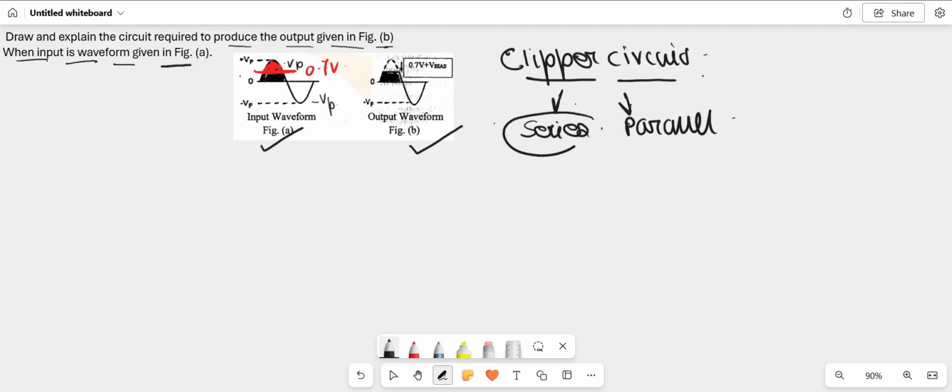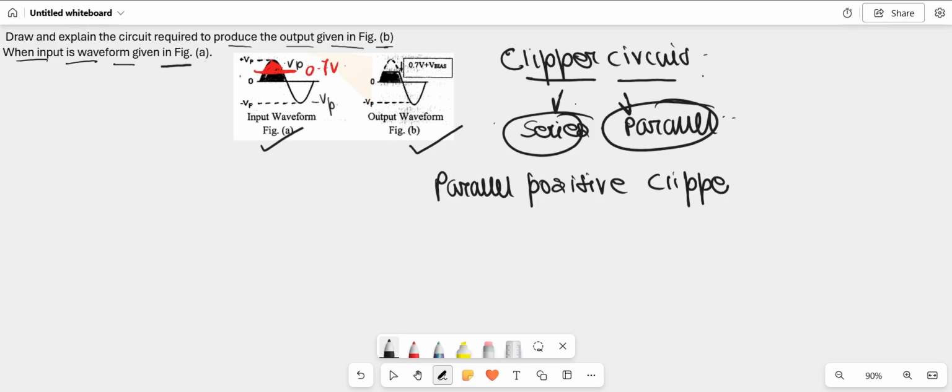We can use either, and in this question I am using a parallel clipper. As we are clipping the waveform in the positive direction, I am using a parallel positive clipper with positive bias, as the bias given here is positive, 0.7 volt. So let us draw the circuit of the parallel positive clipper with positive bias.